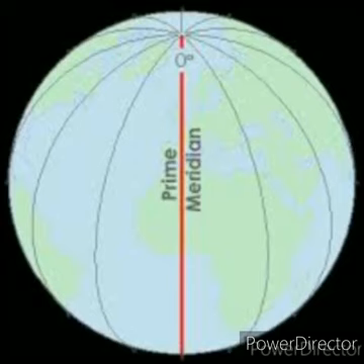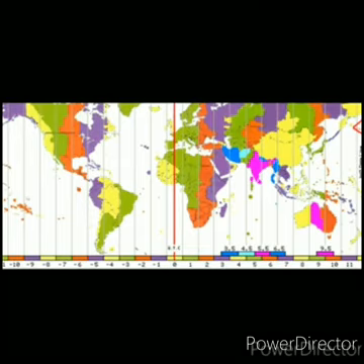Based on the Greenwich meridian, the world is divided into 24 zones with 15-degree longitudinal distance and the time difference of 1 hour. These are known as time zones.